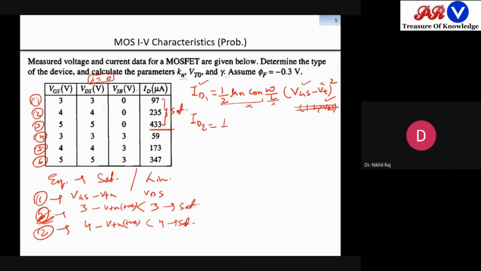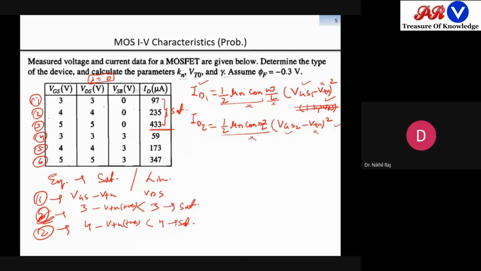ID2 will be the same expression because it is in saturation, with VGS1 minus VT and VGS2 minus VT whole square. Let's write n because it is NMOS. So this is also a valid expression. Here also these are unknowns, but this is known.